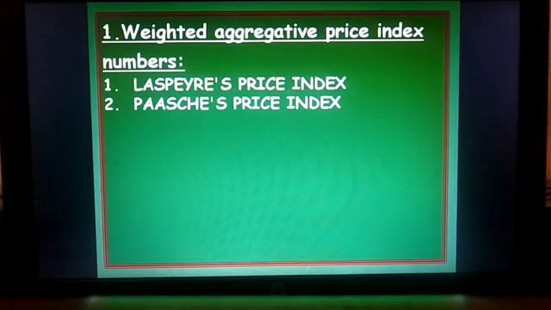let us see first. First it is Laspere's price index number, and one more, this name you may be very much familiar with being science students, Paasche. He gave another type of calculation of weighted aggregative price index numbers. That's why it is named after Paasche's price index number.